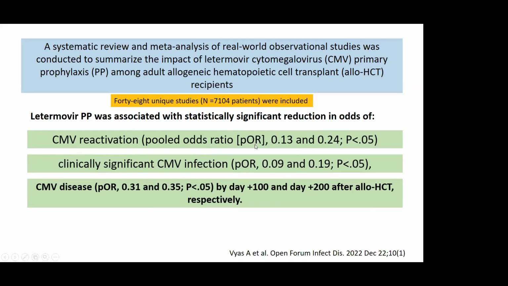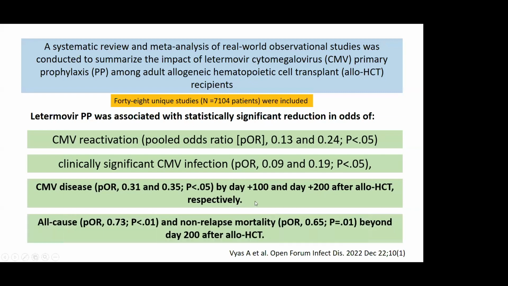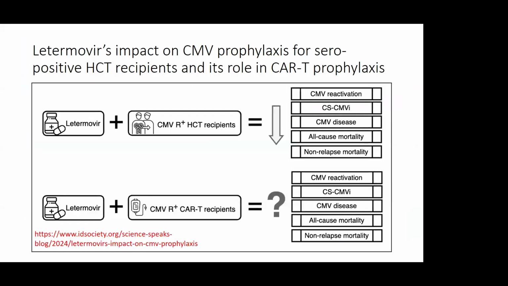This is the pooled odds ratio for clinically significant disease and clinical disease by day 100 and day 200 post allogeneic transplant, and also for all-cause mortality and non-relapse mortality. So that has been established through clinical trials, cohort studies, and systematic reviews, and now it is the gold standard. Every unit around the place will use letermovir as primary prophylaxis against CMV, which is fine.